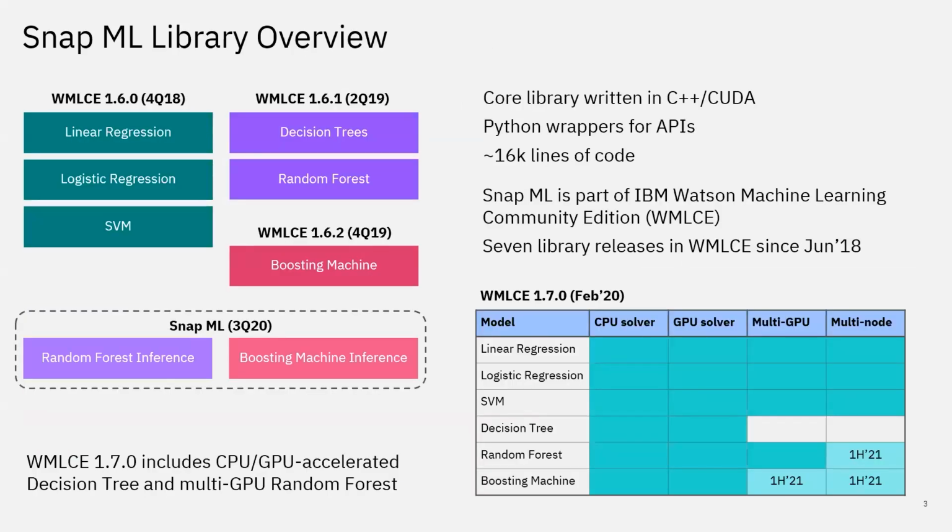So this is an overview of the SnapML library today. Starting from the top left, the SnapML library was started with generalized linear models, in particular linear and logistic regression and support vector machines. We implemented accelerated CPU and GPU solvers for those. Then moving on to decision trees and random forests, tree-based models, also CPU and GPU solvers.